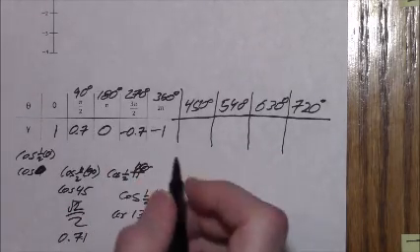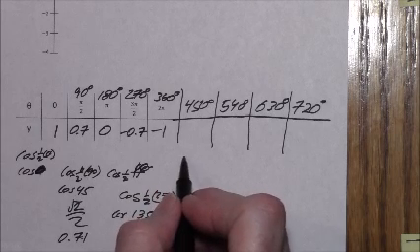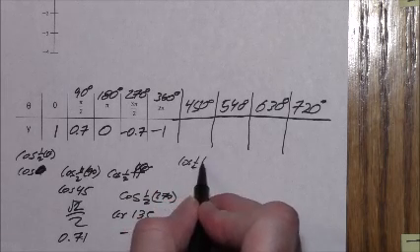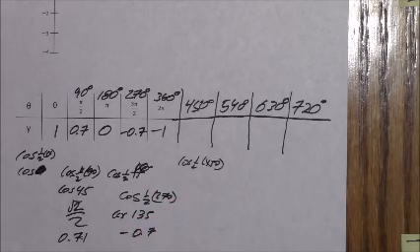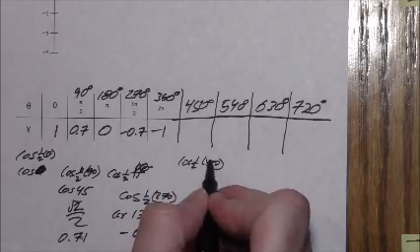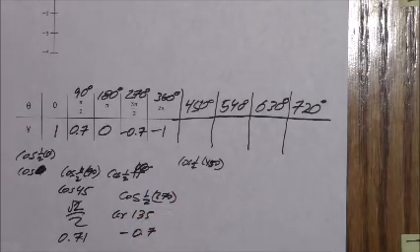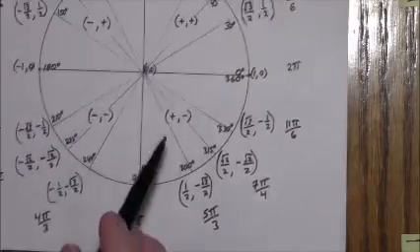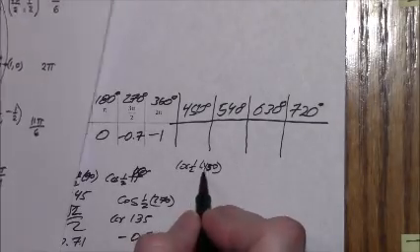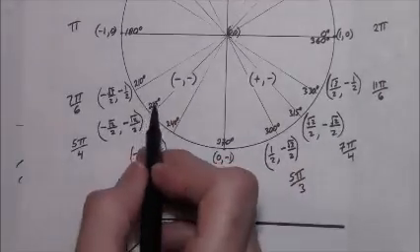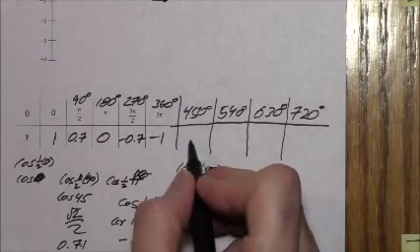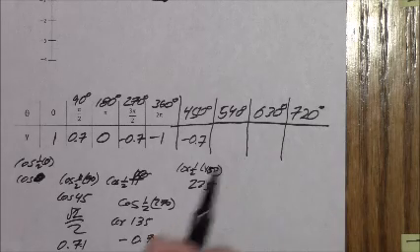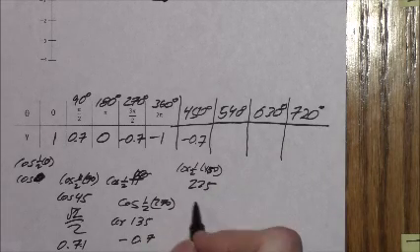Actually, here, though, we have to do the 1/2. So cosine 1/2 of 450. Let's write that a little more neatly. Cosine 1/2 of 450. So 1/2 of 450 is 225. Cosine of 225 is negative root 2 over 2, which we know is negative 0.7.